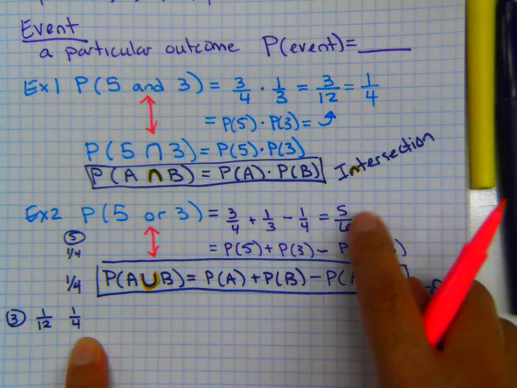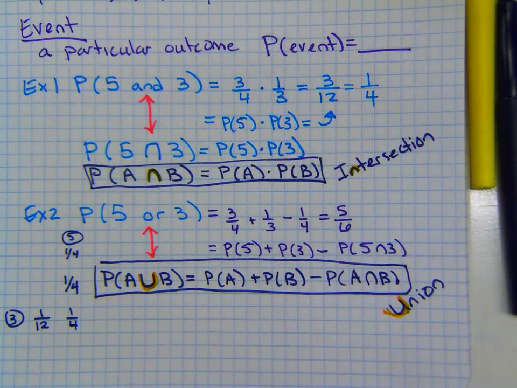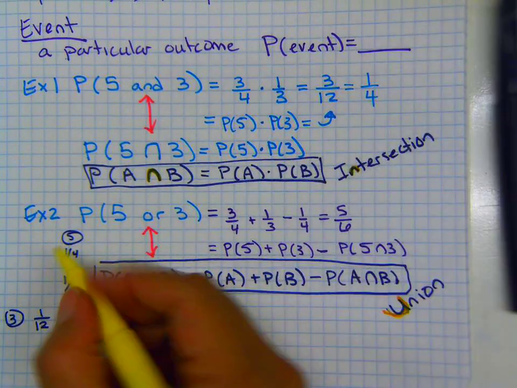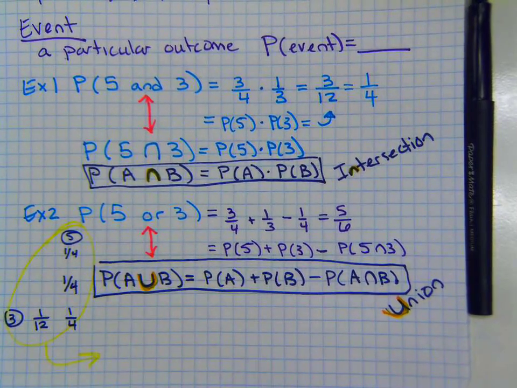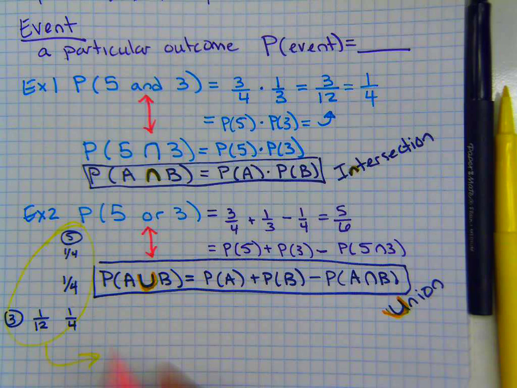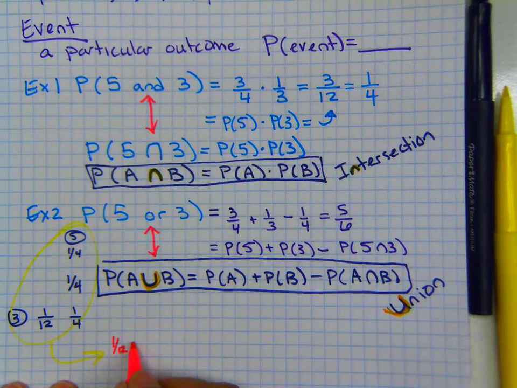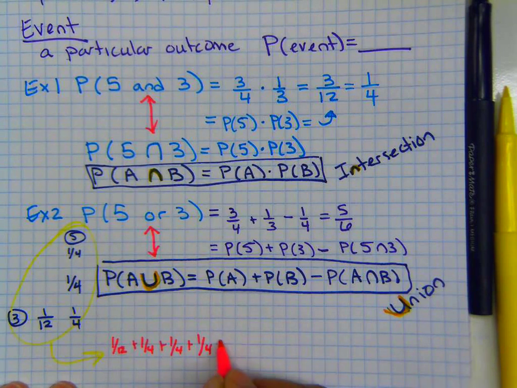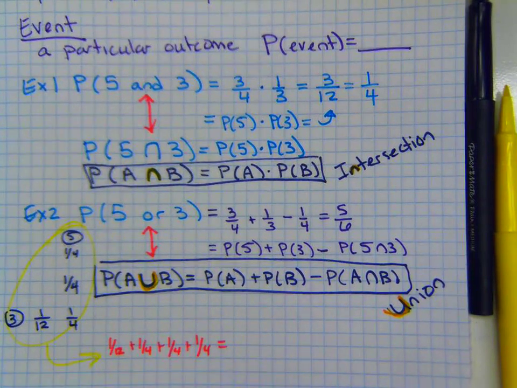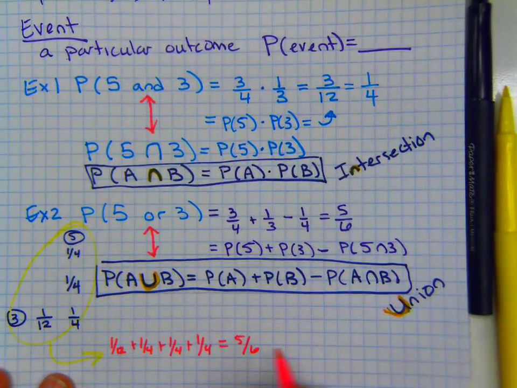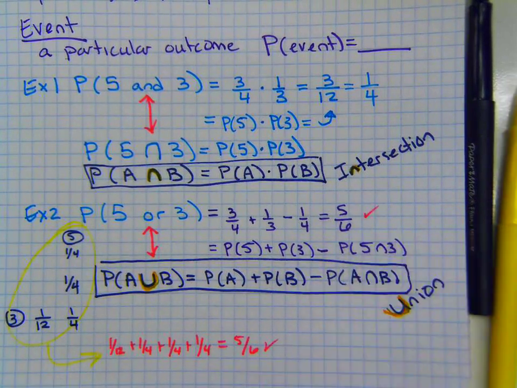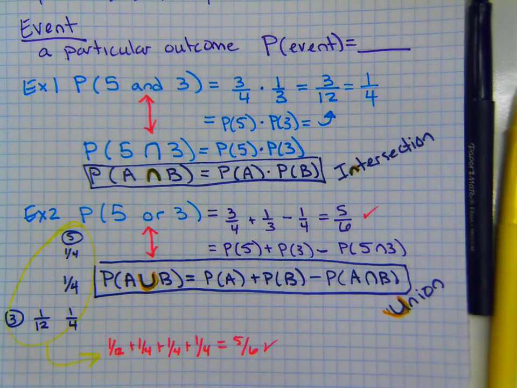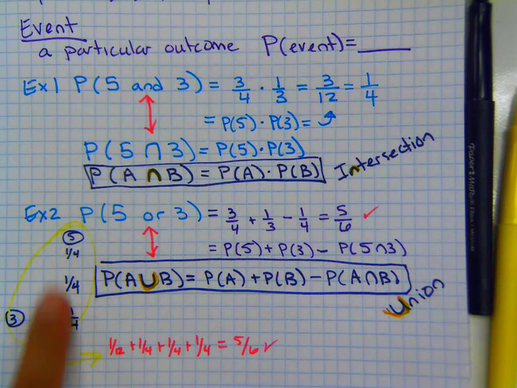The other way that you could get 5/6 without doing any of the subtraction is to just add up all those numbers together. So just take 1/12 plus 1/4 plus 1/4 plus 1/4. If you use the calculator with that, that's going to be 5/6. So there's two ways to think about it: adding them all up, or giving the probability of a 3, probability of 5, and subtracting off where they overlap.